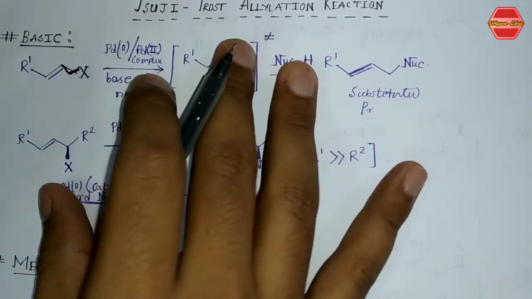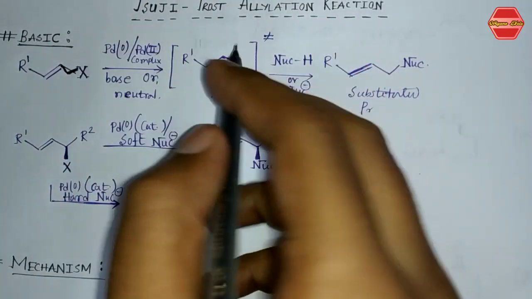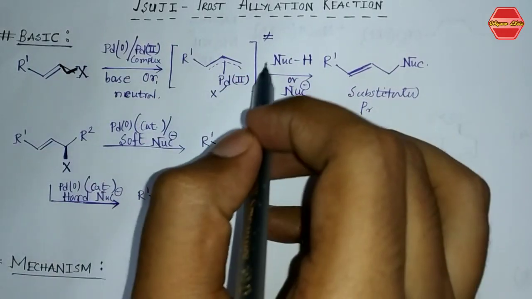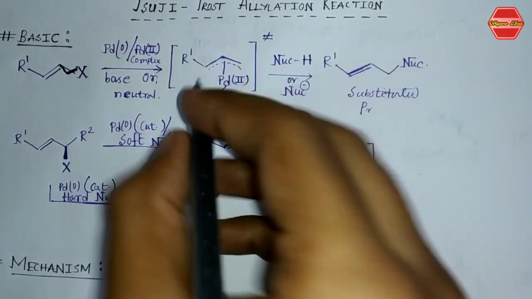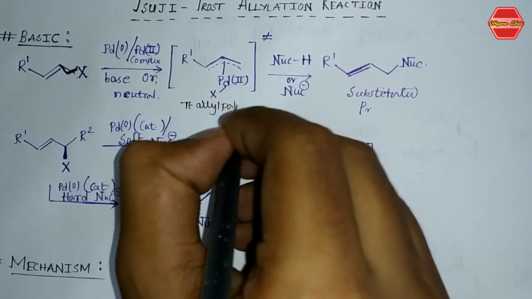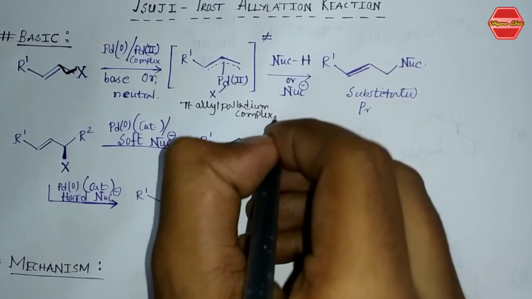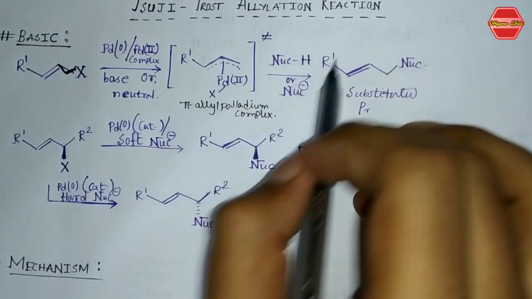Both conditions can be applied to form these pi-allyl type complexes. So you can see you are getting a pi-allyl palladium complex.